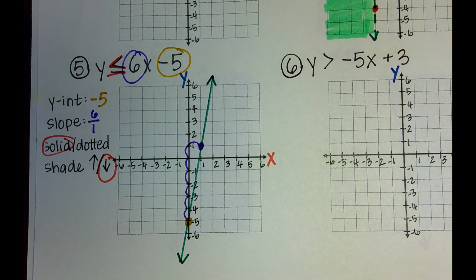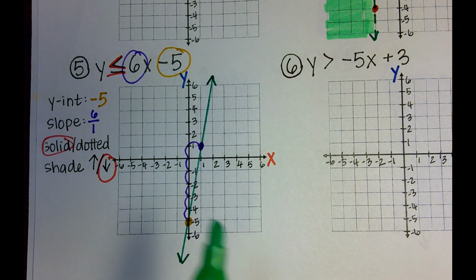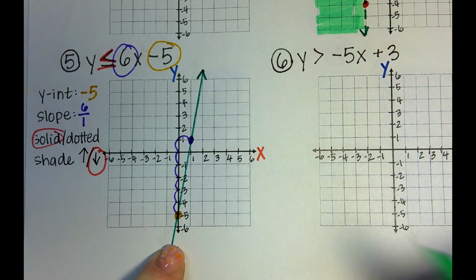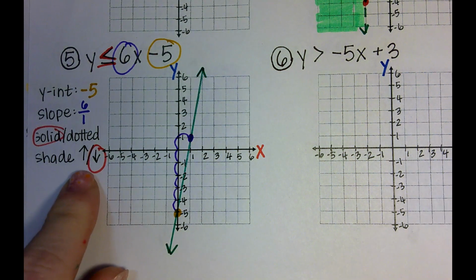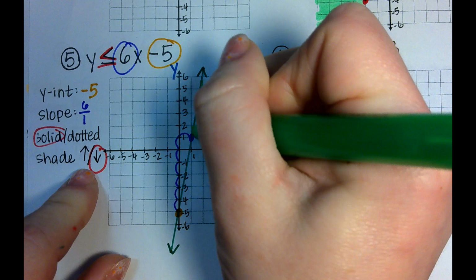And we're shading down. Now, whenever the line starts to get really tilted like this, it can be tricky to decide which way is up and which way is down. So what I like to do is from my points or from anywhere on the line, if I'm shading down, I like to just think of it as I'm going straight down from the line.